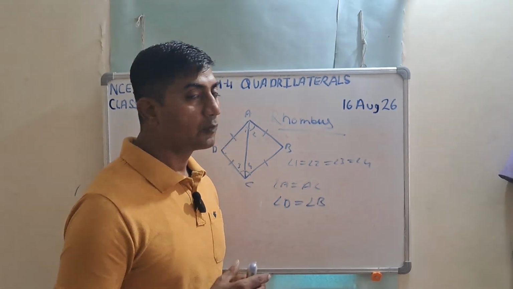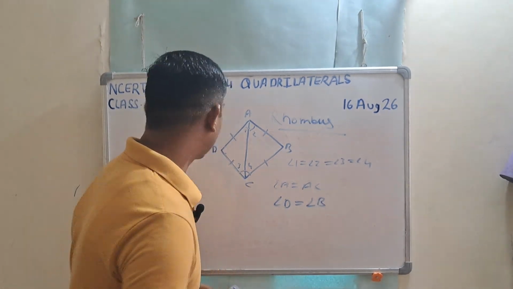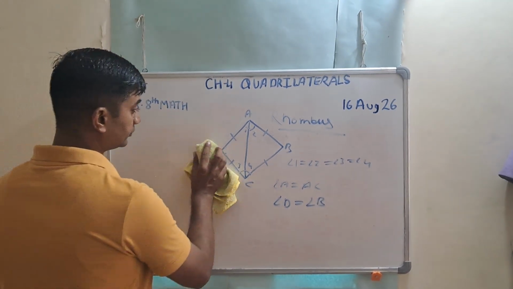So if we see it in a Venn diagram, we will draw it like that.